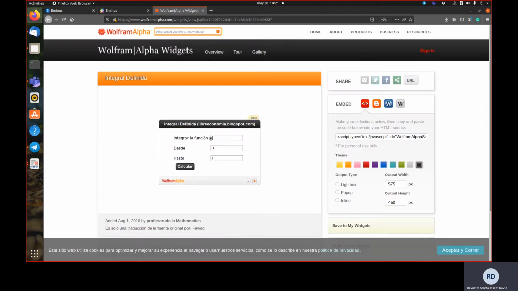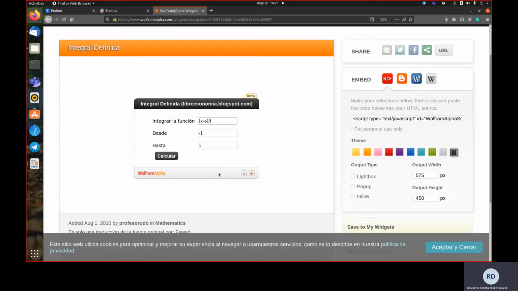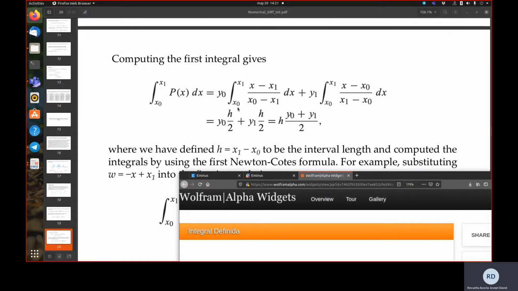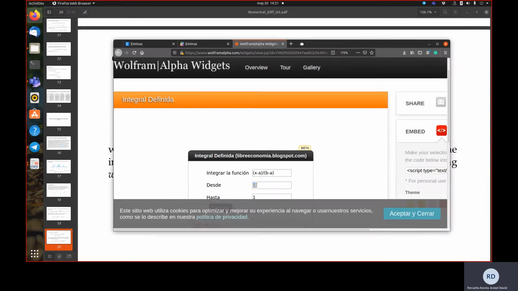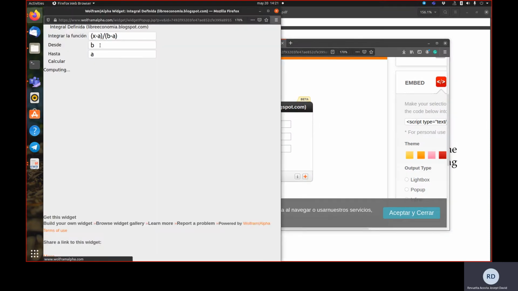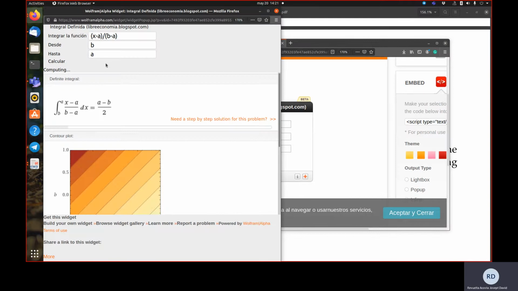So for example, I want (x minus a) divided by (b minus a), and the interval is going to be from x0 to x1, so from b to a, if I'm correct. And then we calculated the formula right here.